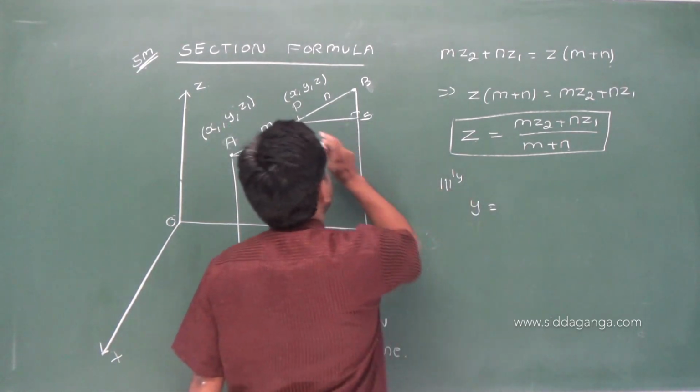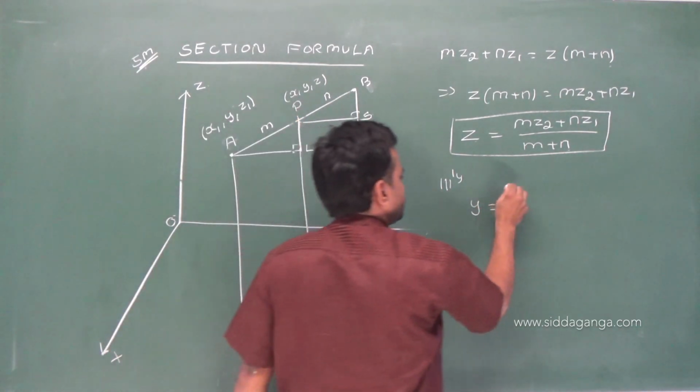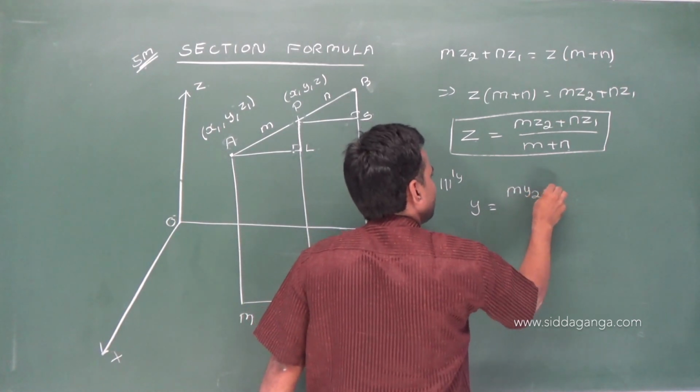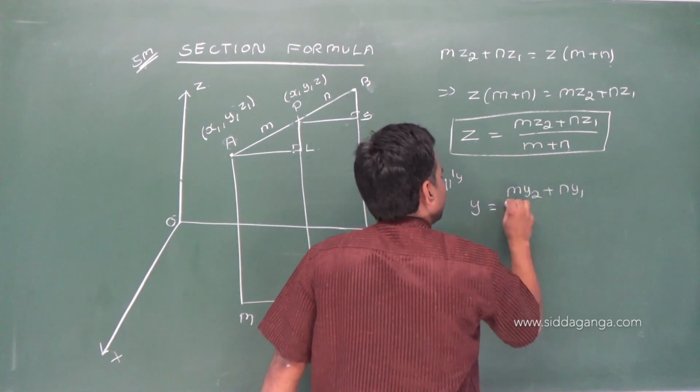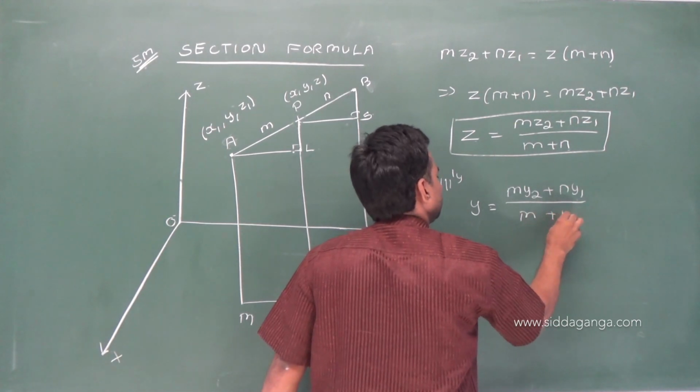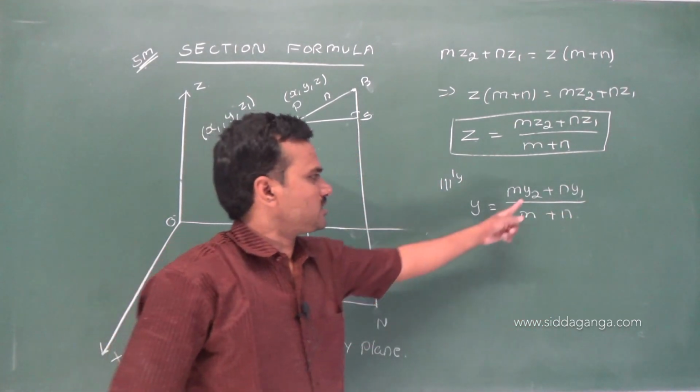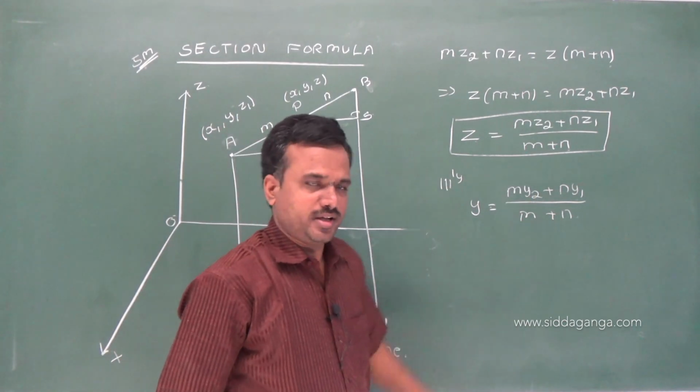Coordinate of y in P is nothing but my2 plus ny1 divided by m plus n.